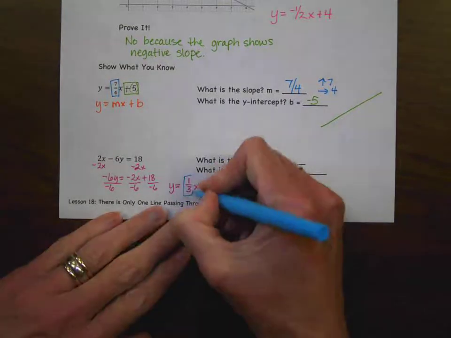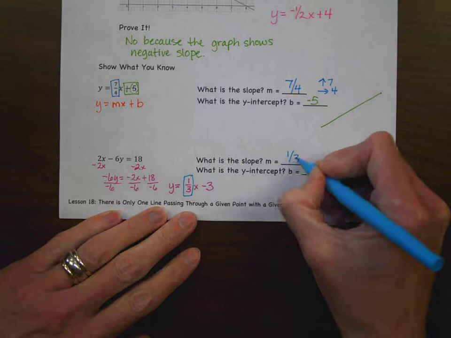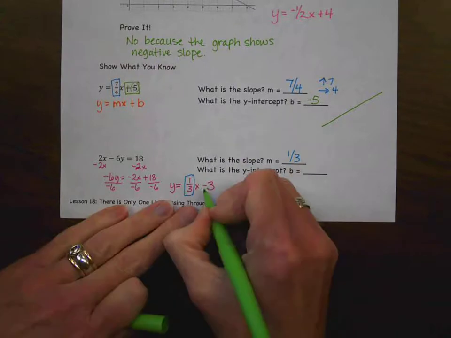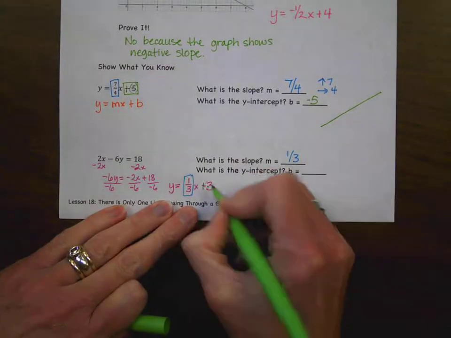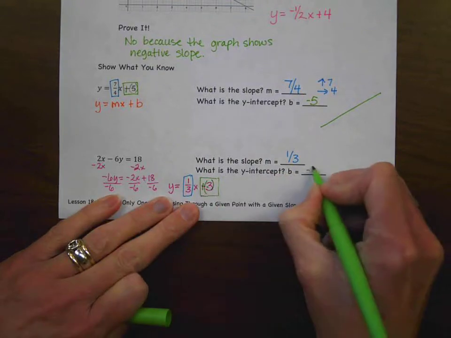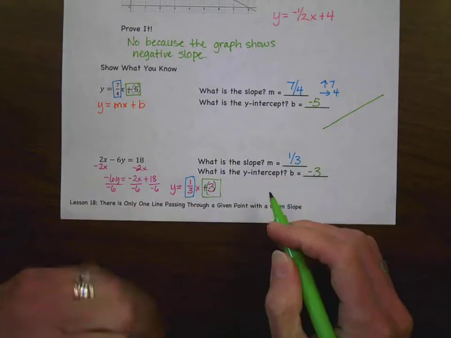So I know on this one that my slope is going to be a positive 1/3, and my y-intercept, or my b, is, again, subtraction is the same as adding the opposite, so I know that my b is going to be -3.